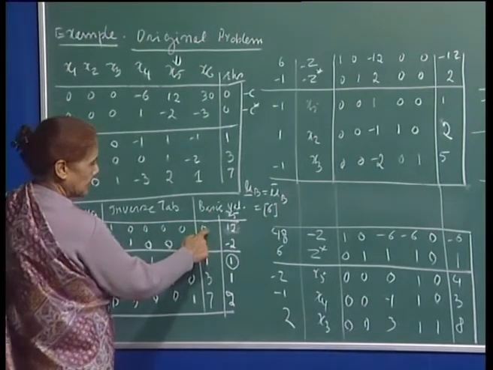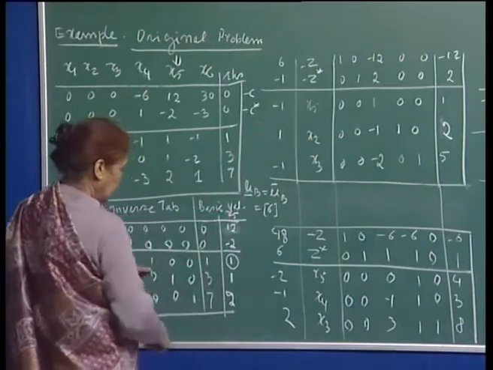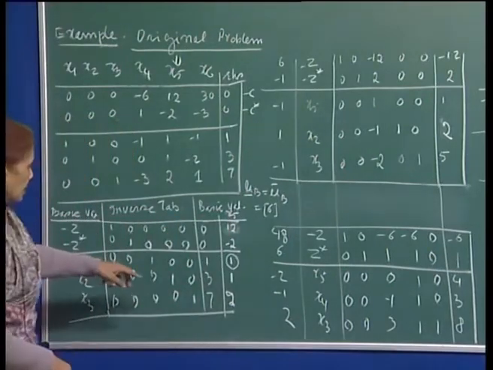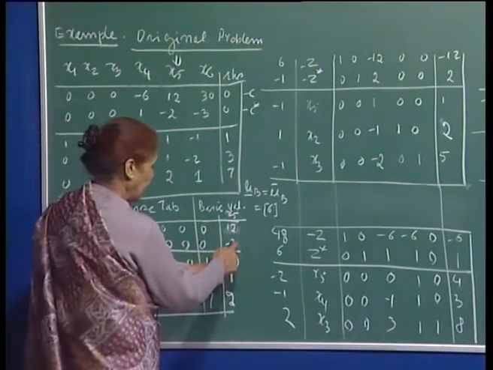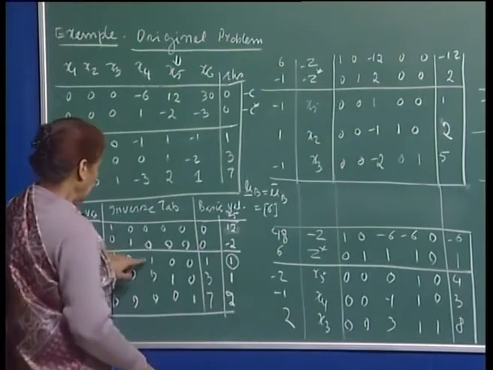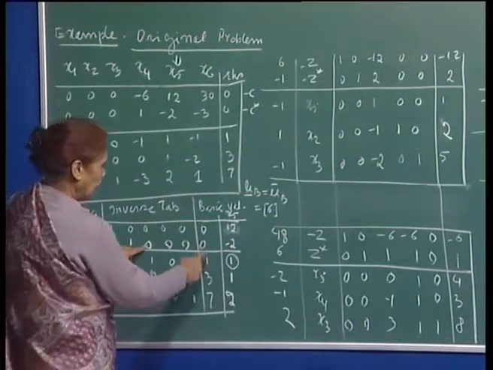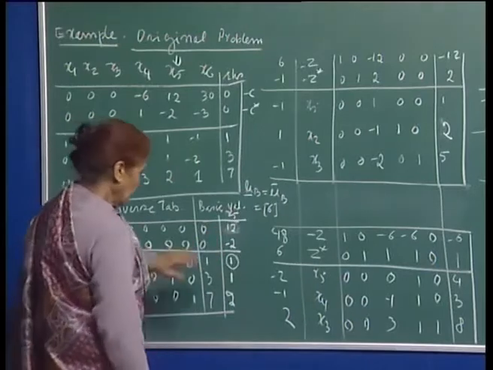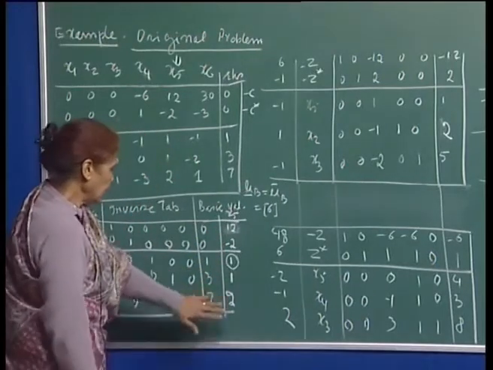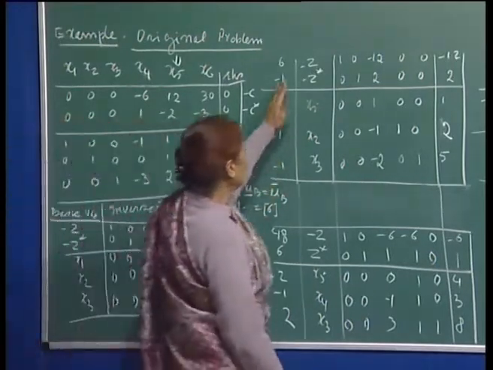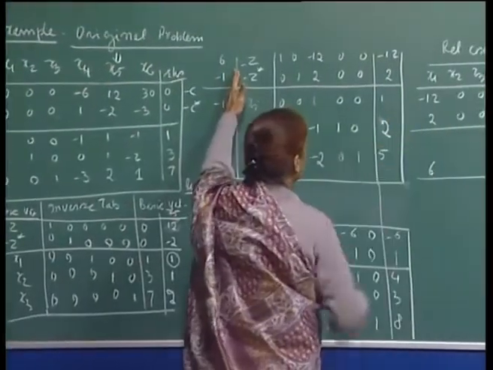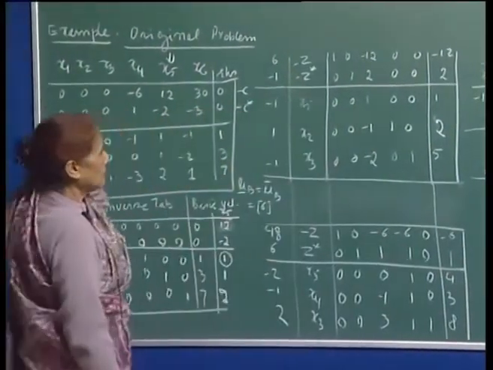So, your minus z is minus 12, right, and then you want to multiply this by 2 and add. So, when you multiply by 2, this becomes 2, right, and this will become 2, and this is 0. And we have done the pivoting here. So, this is your new tableau, the inverse tableau.